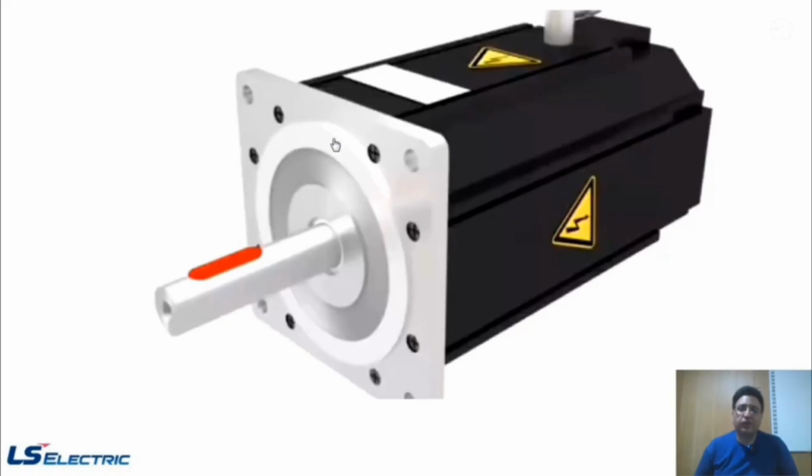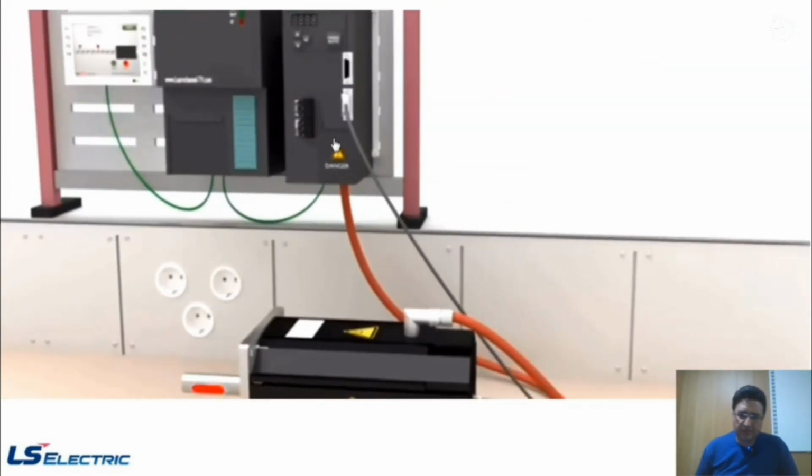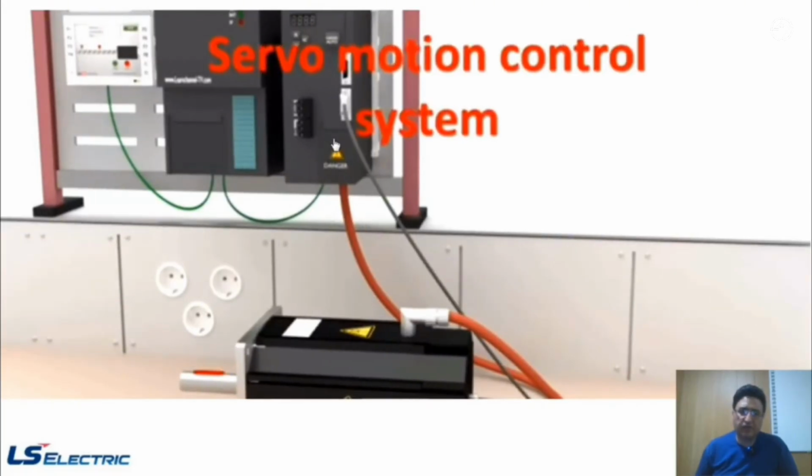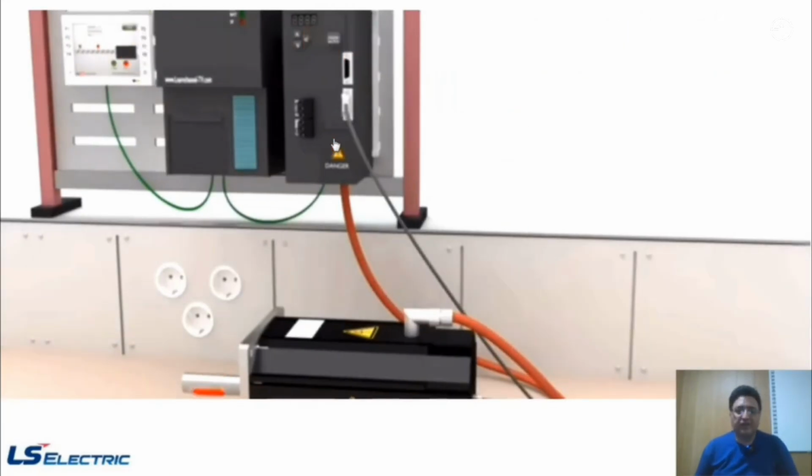Alright, next we'll take a look at a motion control system together. As you can see in the image, here we've used a motor that's connected to a drive, and our drive is connected to a controller. That controller generates a signal and sends it to the drive. As you can see, it sent a signal to the drive.